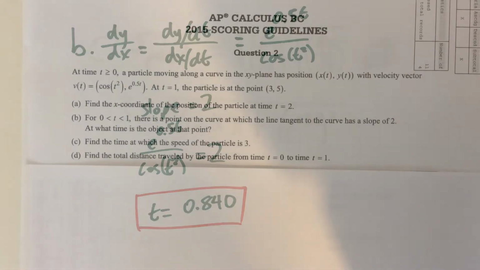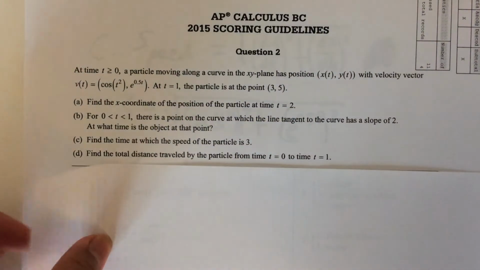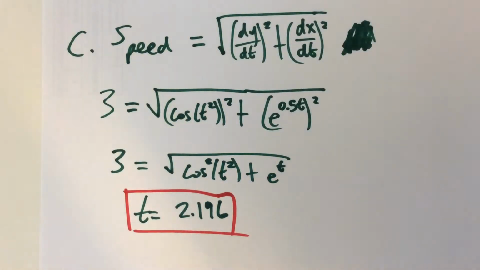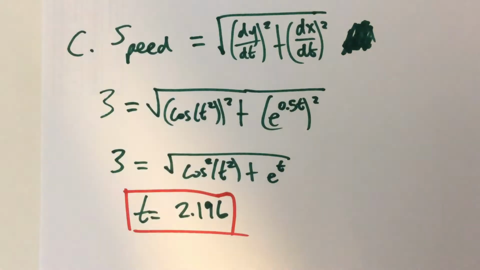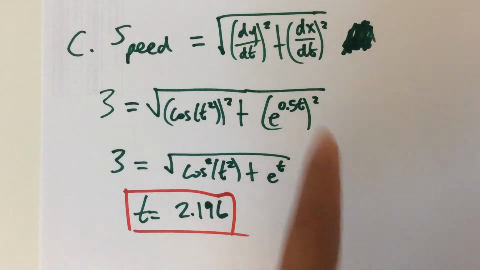Part C says find the time at which the speed of the particle is equal to 3. This problem is another simple one. You need to remember the speed formula, which is the square root of dy over dt squared plus dx over dt squared. We know that dy/dt and dx/dt are given as the velocity vector, so we can just plug those values in as cosine t squared and e to the 0.5t.